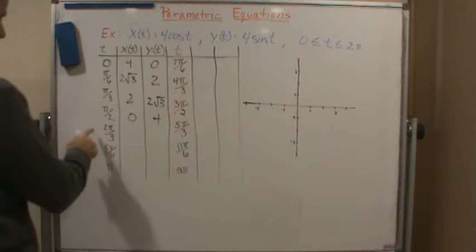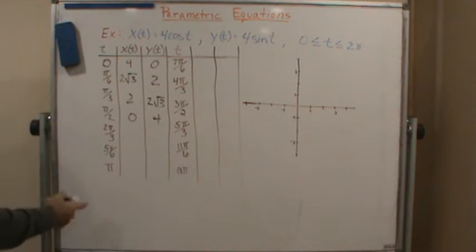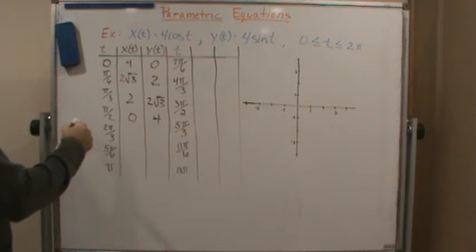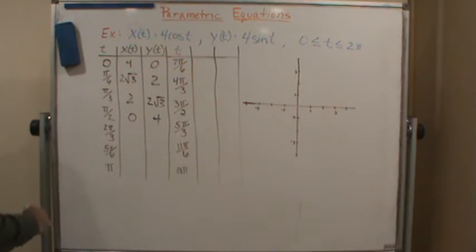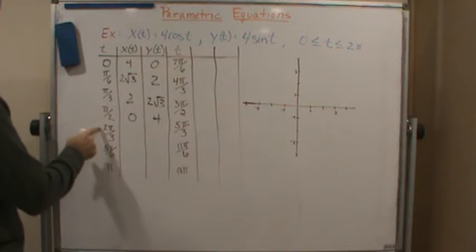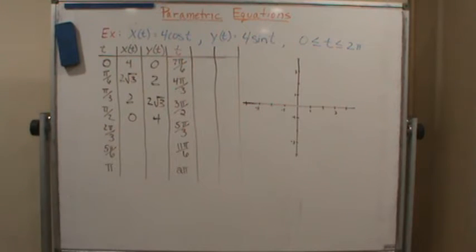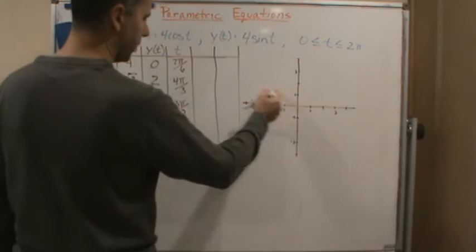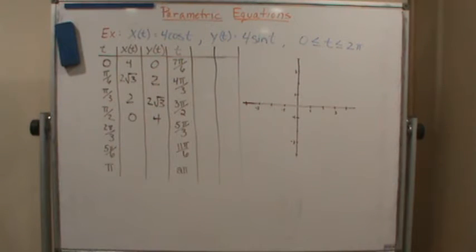So again, 2/3 pi. Again, you have to do the reference angle of where your triangle is at. So this is going to be what? 2 pi over 3, which is going to be over in this quadrant, right?